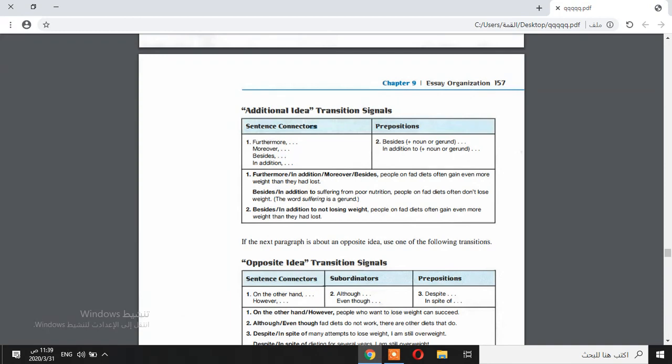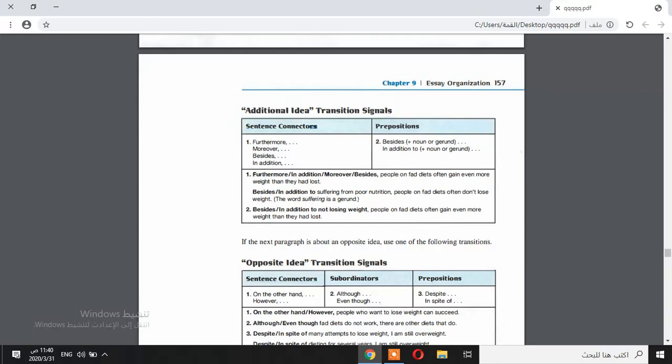We have Chapter 9, page 157. You have the chart at the top of the page. We have additional-idea transition signals, signals that show that we add one point to another, one sentence to another, or one idea to another, because in writing we join sentences to each other, or rather we join ideas and notions.